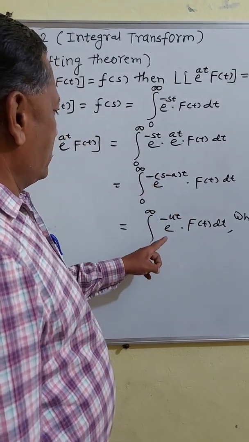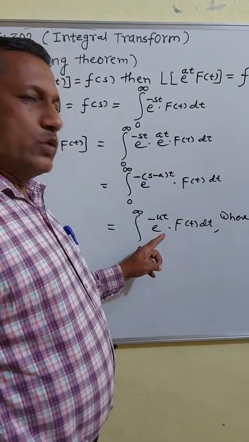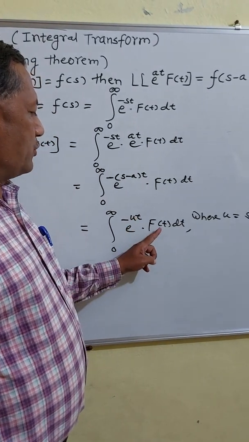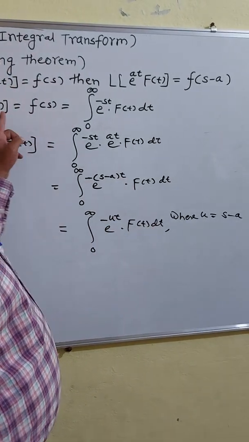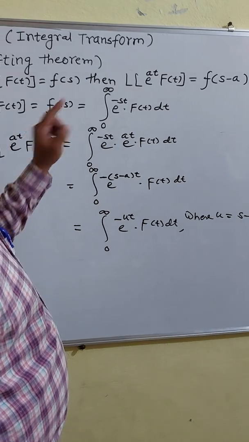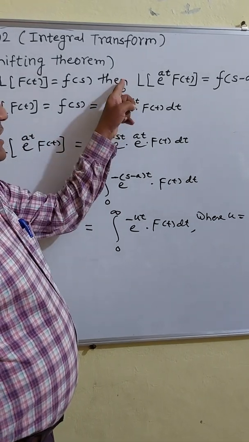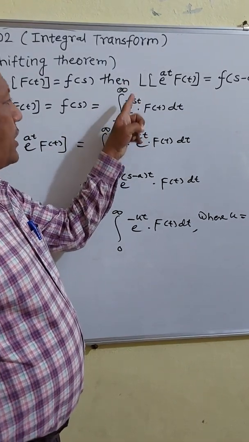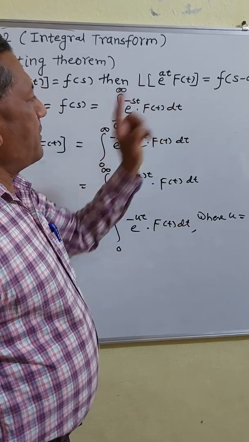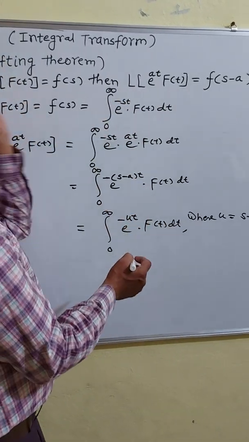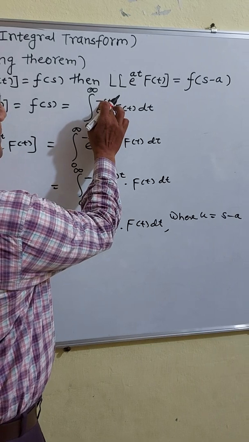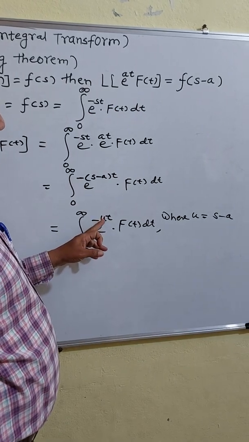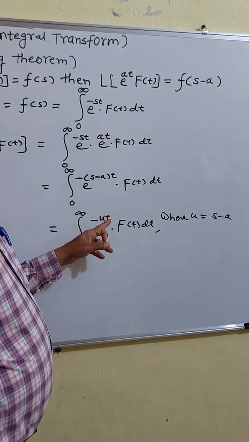Now you compare. Here integration going from 0 to infinity e raised to minus ut into f of t dt, to your Laplace transform of f of t, which is equal to integration going from 0 to infinity e raised to minus st into f of t dt. Only here the parameter is s and here the parameter is u. Only this is changed.